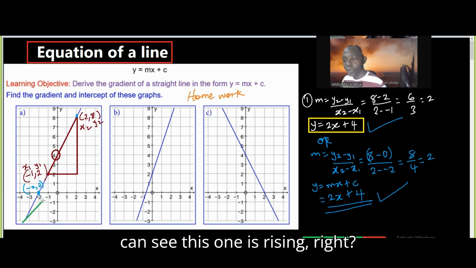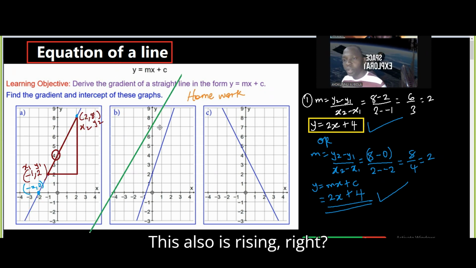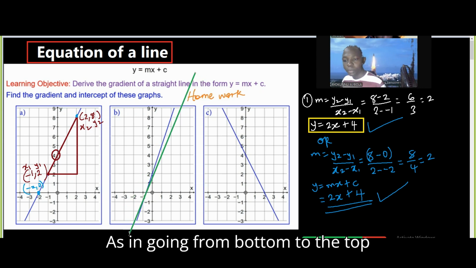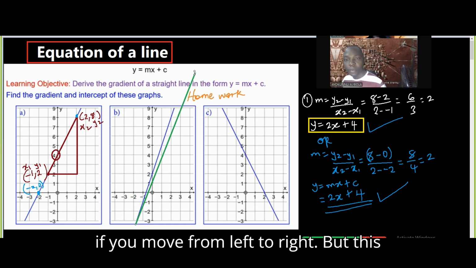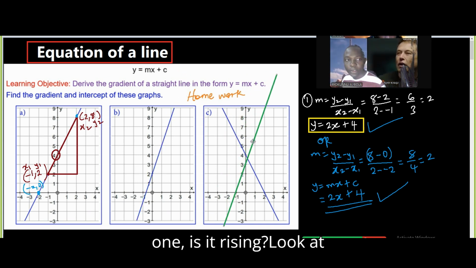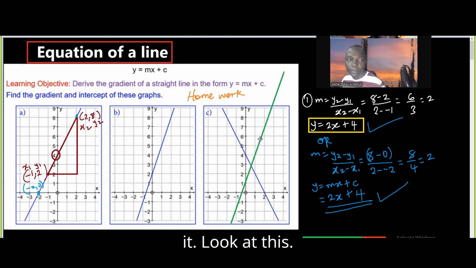You can see this one is rising, right? This also is rising, right? As in going from bottom to the top if you move from left to right. But this one, is it rising? Look at it.